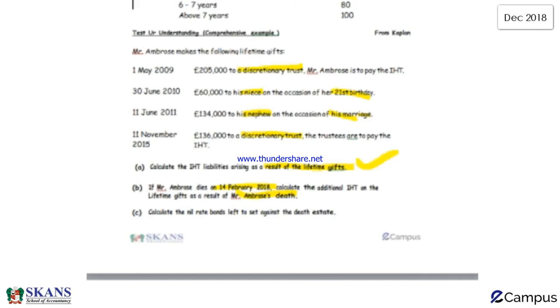So the first part requires you to do lifetime calculations on lifetime transfers, and the second part requires you to do death calculations on lifetime transfers. I would give you 3 to 5 minutes to consider the answer for part A.